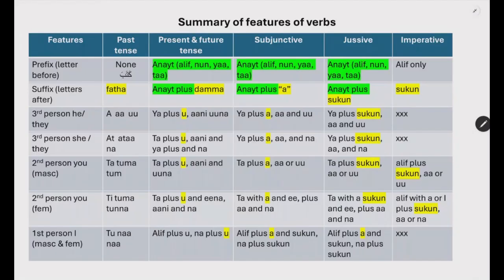You notice here there's no third person and no first person, but there's a lot of similarity between the subjunctive and the jussive, except for this feature. Here a sukun comes in. That's the one distinguishing factor between the subjunctive and the jussive. And here in the present tense, the normal is just the same. If you just want to see it in table form, this is what you look at, and you'll be able to work things out.